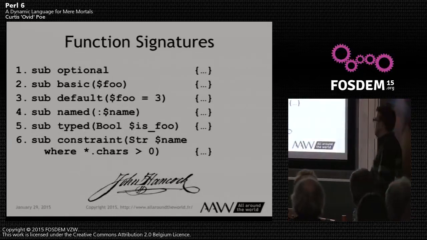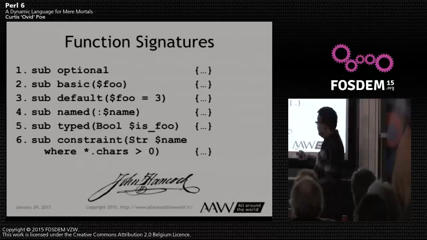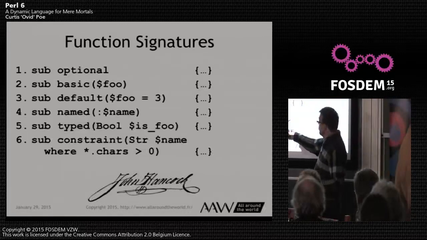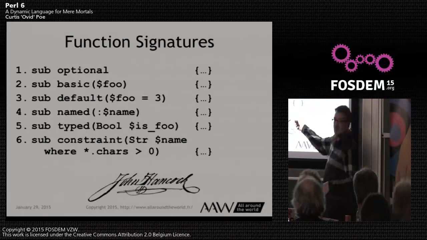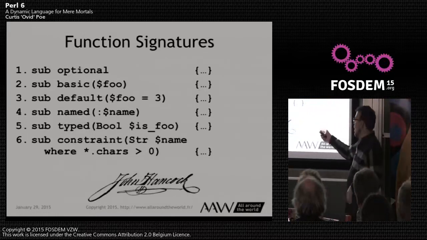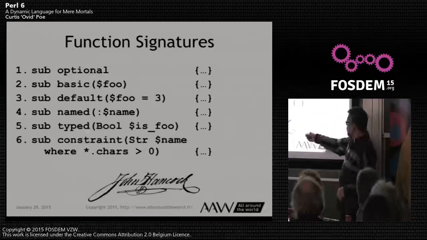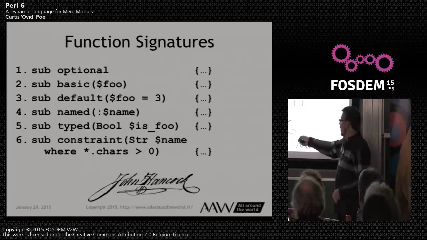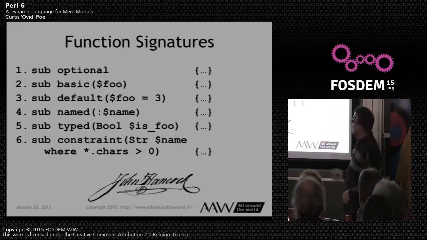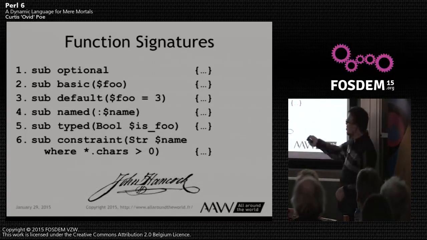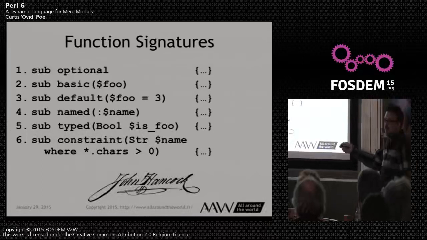Or there's another syntax for that, which I won't go into right now. Gradual typing, we can slap a Boolean on there. And that's got to be a Boolean value you type in, or else boom. And then sub-constraint string name where whatever we got, chars greater than 0. So the last two generally aren't available in the popular dynamic languages. But they're really easy in Perl 6 and optional.